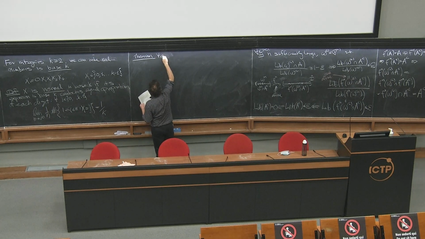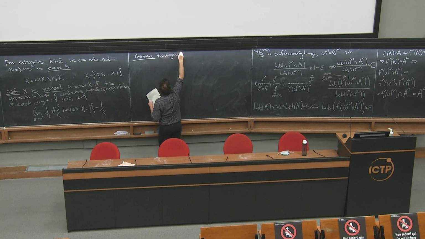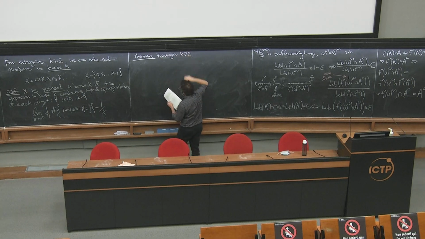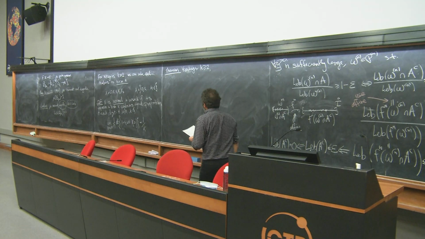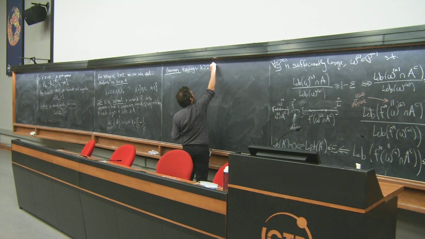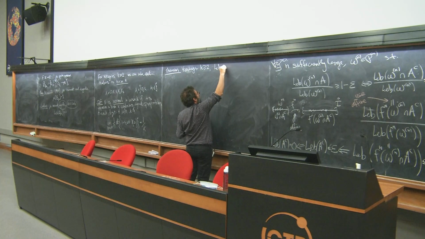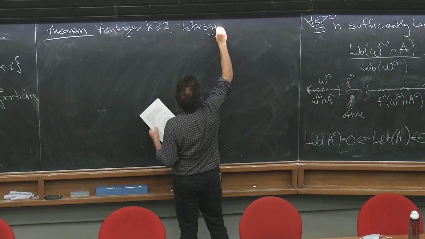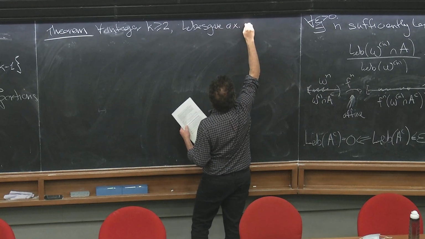For every integer k greater than or equal to 2, Lebesgue almost every x is normal.